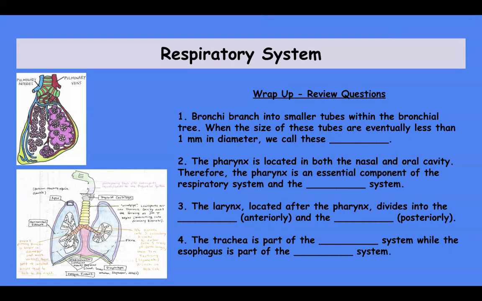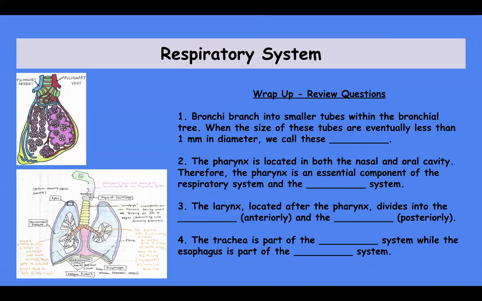Digestive system, absolutely. When we think about the digestive system in terms of its anatomy and its functions, our oral cavity is very important. So the pharynx, being considered both nasal and oral, would make sense that we would study it when we're studying not only the respiratory system, but also the digestive system. Good job, everybody in the chat.